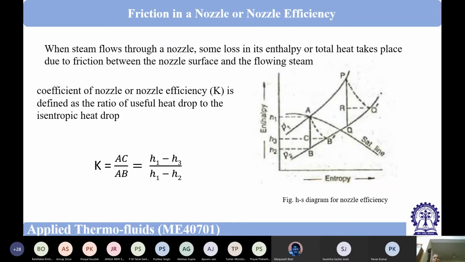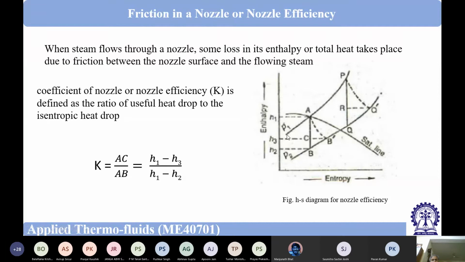But whatever it may be, for concept, in certain cases, the Mollier chart is very important, though we will not do any calculation using it. We will not solve any problem using the Mollier chart. We will use it for our concept.